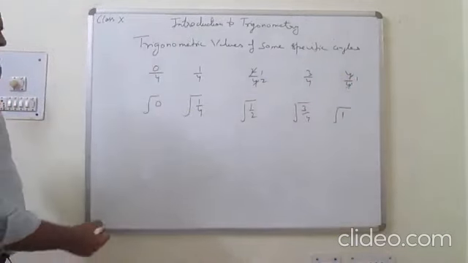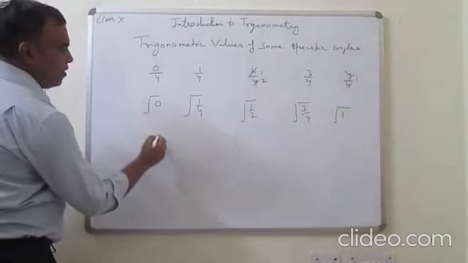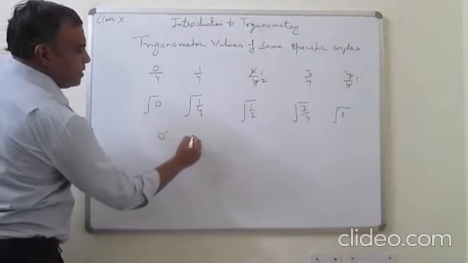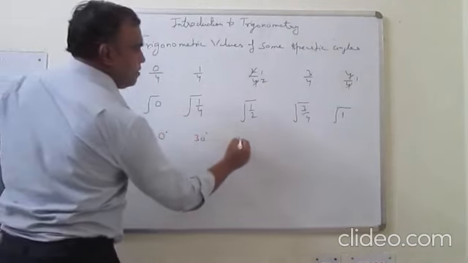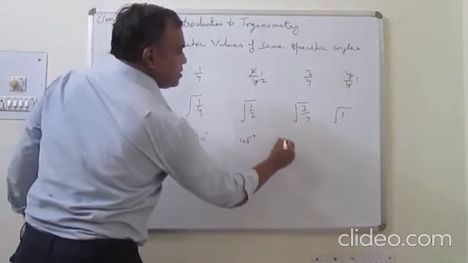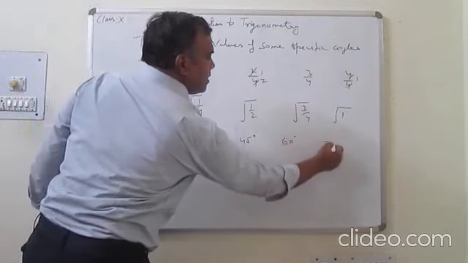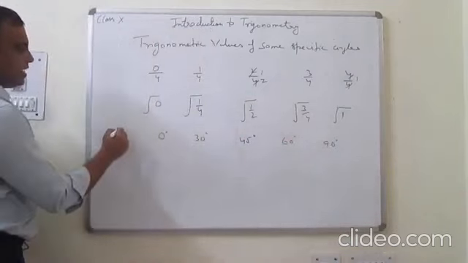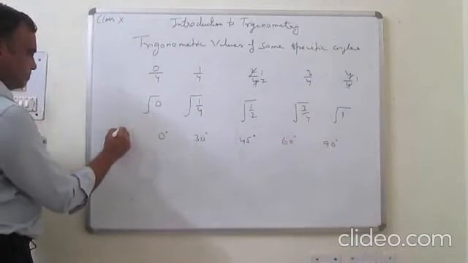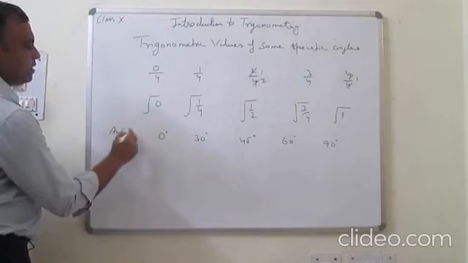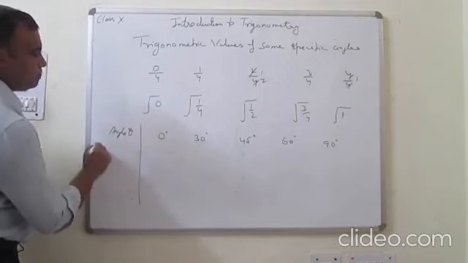Now you make a table for 0 degree, 30 degree, 45 degree, 60 degree and 90 degree. Here it is angle, suppose we take angle theta.